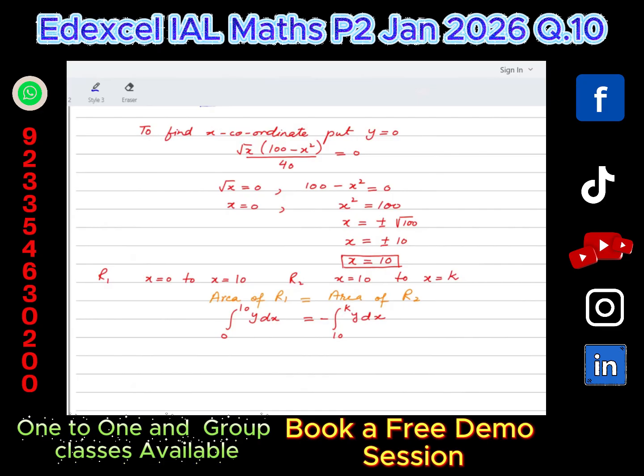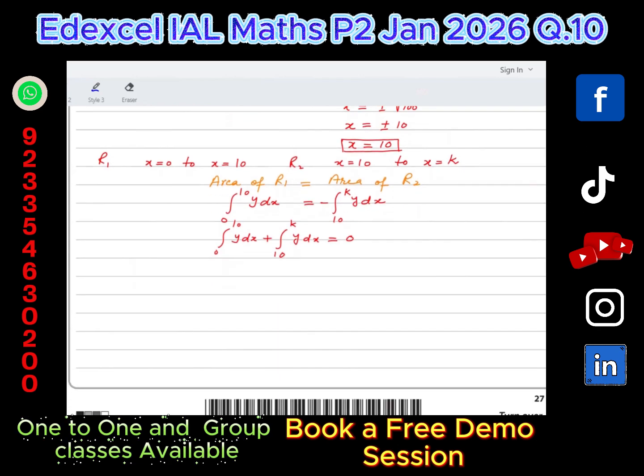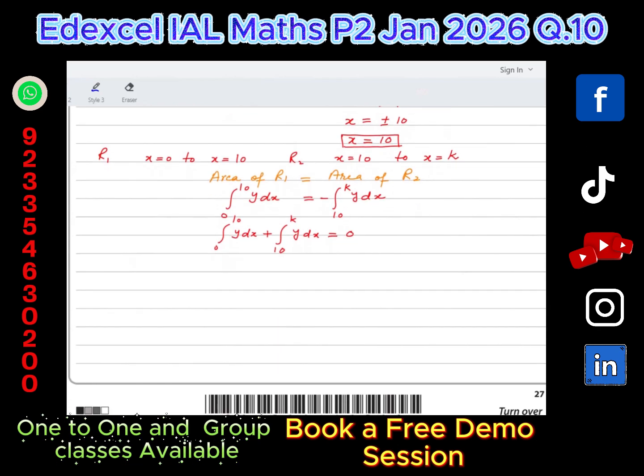Put it on the left side: integral 0 to 10 y dx plus integral 10 to k y dx is equal to 0. Now, applying the property of integrals, we can convert it into a single integral from 0 to k y dx is equal to 0. Now put the value of y here.